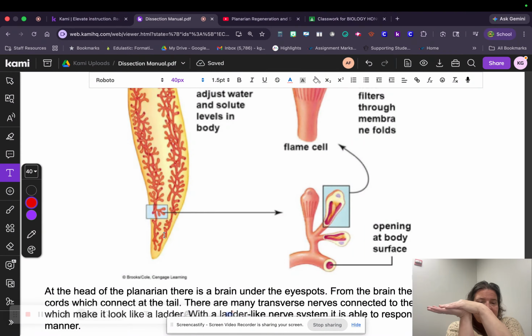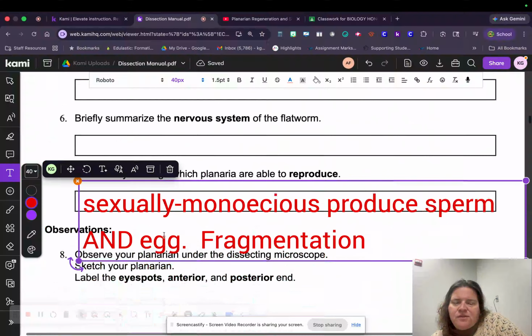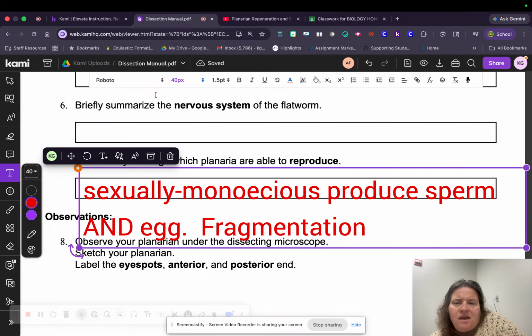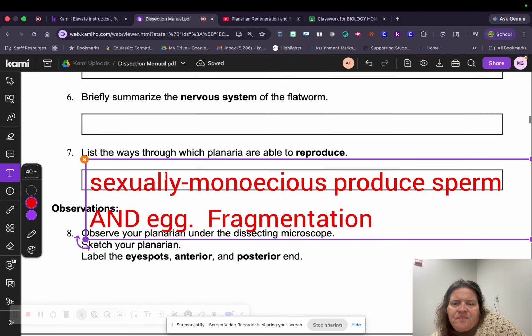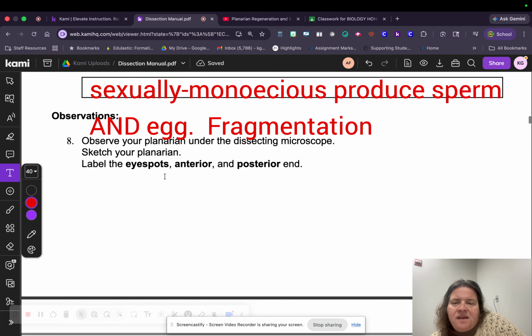As the anterior is moving ahead and it's got a sticky substance on its posterior, the head keeps moving. It just fragments. So that's one way in which they can reproduce. I think I say 2 ways. So just list at least those ways.